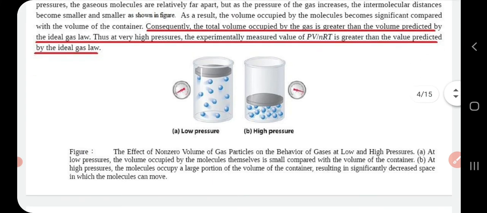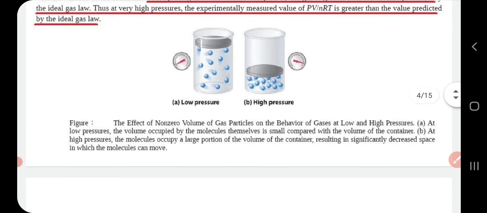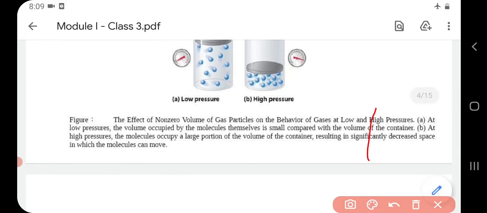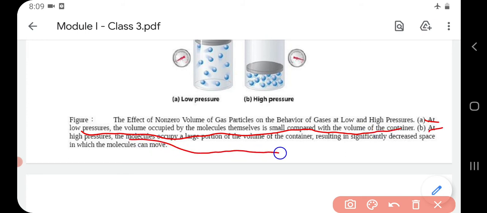This is quite clear from these two figures, and it is once again written here. That is, at low pressure, the volume occupied by molecules is small compared to the volume of the container, whereas at high pressure, the volume occupied by the molecules is comparable to the volume of the container. See this one. This is once again explained.